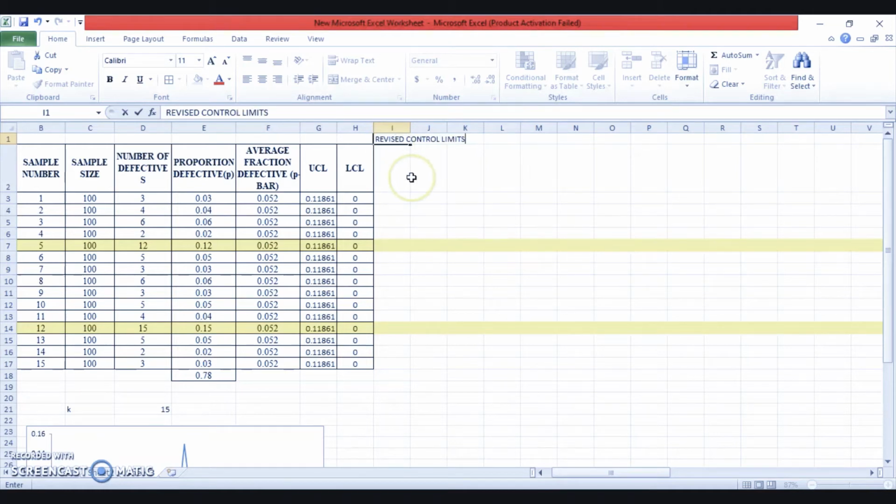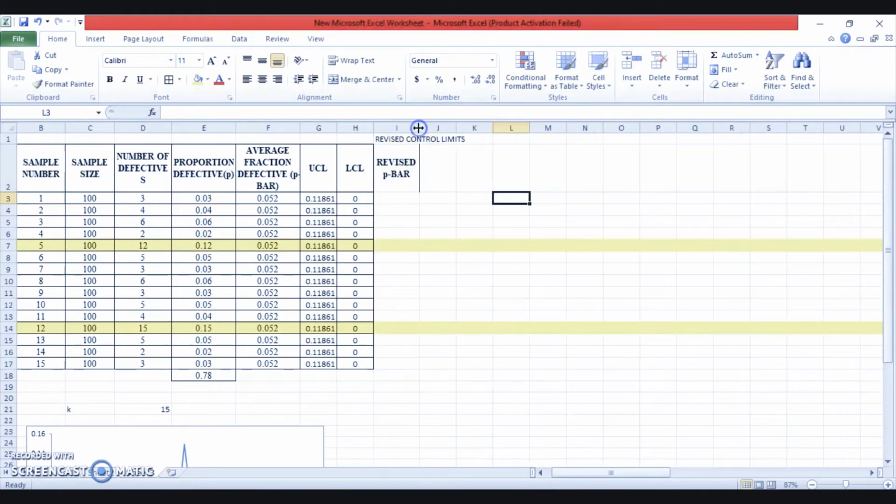Under that, first of all, I'll find our revised P bar. You can also write it as your own choice, revised central line. This will be your UCL new, this will be your LCL new.